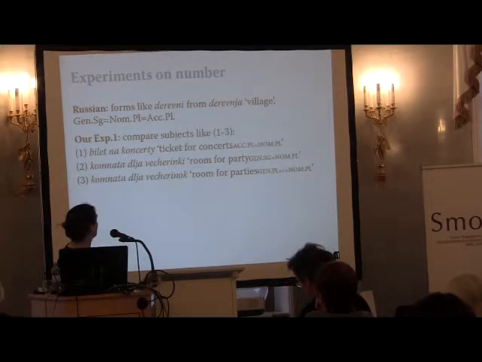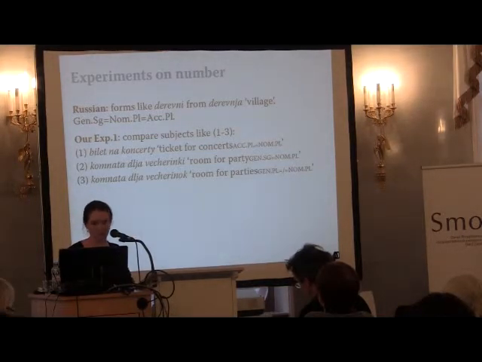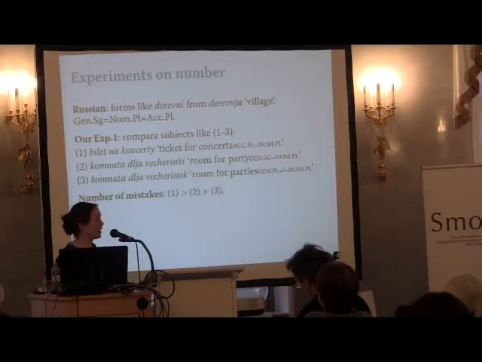And things like комната для вечеринок, room for parties, and the form is in genitive plural. It shares the plural feature with the nominative plural, but the surface form doesn't coincide with the nominative plural. I will just present the results without going into the finer details. I have them on the slides.